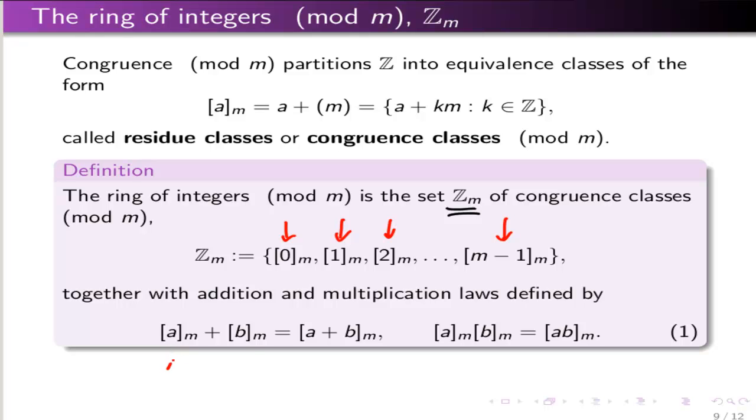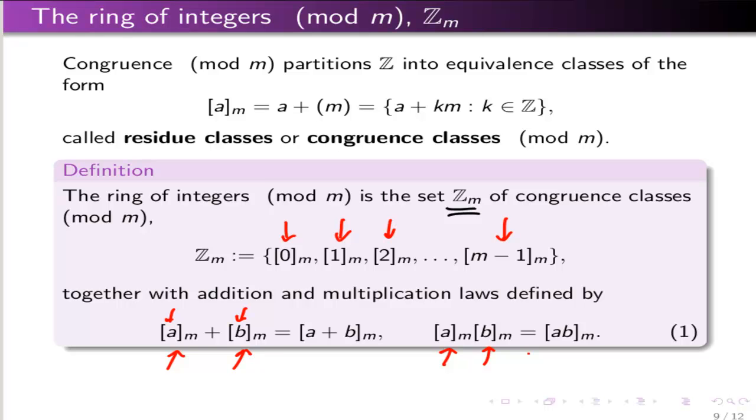If I want to add the residue class a to the residue class b, all I do is I take the representative for the class and I add them together, and I get this class a plus b. Or if I want to multiply two different classes, I take the representatives for the classes and I just multiply them together to get the new residue class. Now, the first thing you have to ask yourself is, well, is that addition and multiplication law well defined?